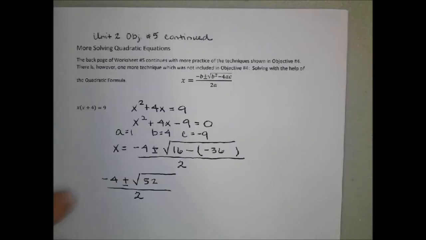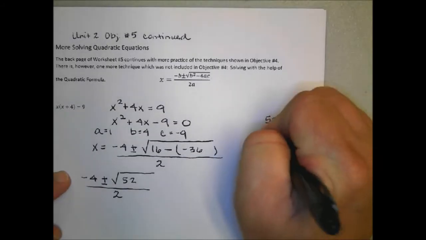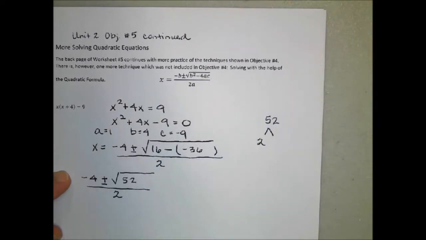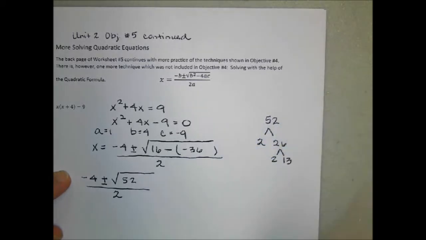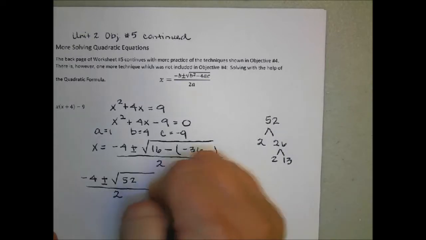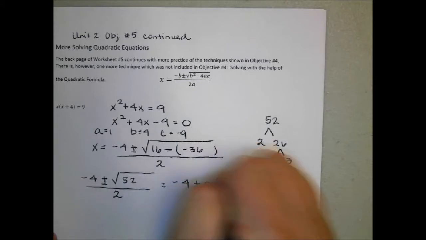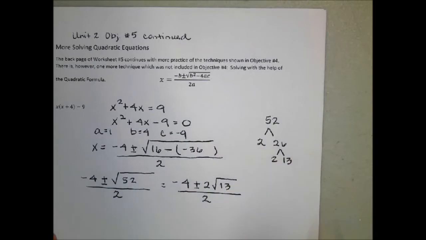Now over here on the side, let's break down 52. 52, since it's an even number, it can definitely be divided by 2. So 2 and 26. 26 is 2 and 13. And there's my simplified square root of 52, 2 root 13. So negative 4 plus or minus 2 root 13 over 2.